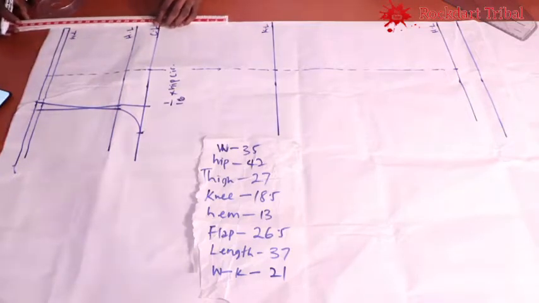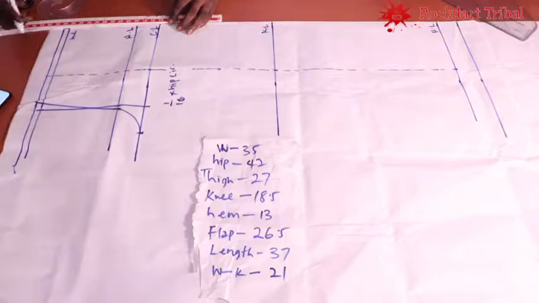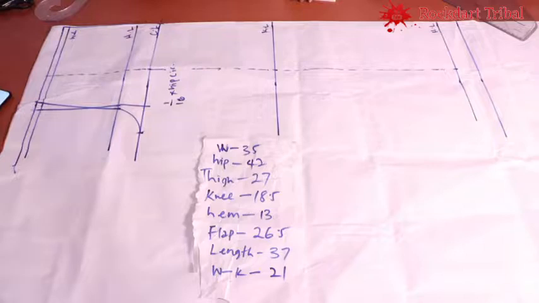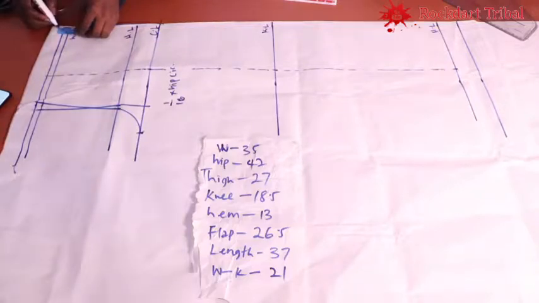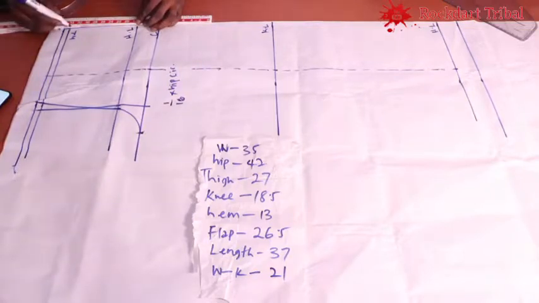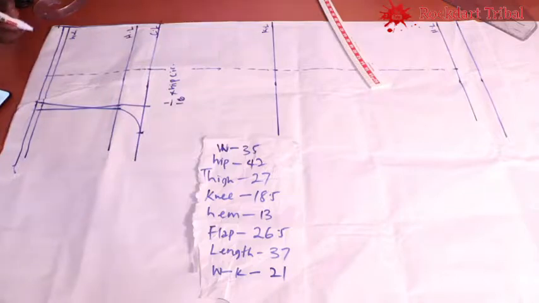On my waistline, I'll just connect that point to my hip line and down to my crotch line. On my waistline, I'll go up by half an inch and extend the line up.